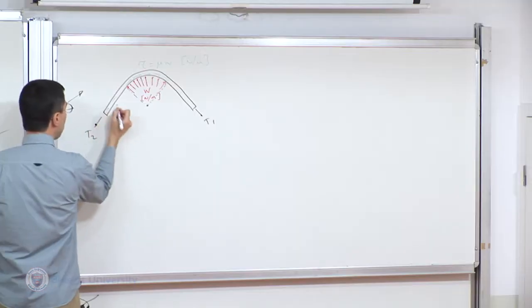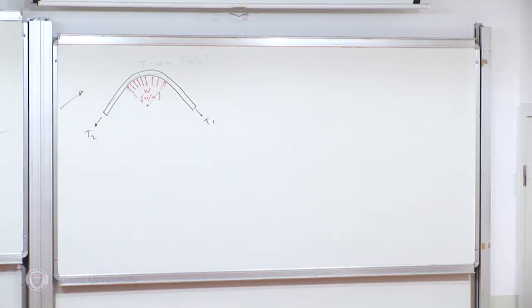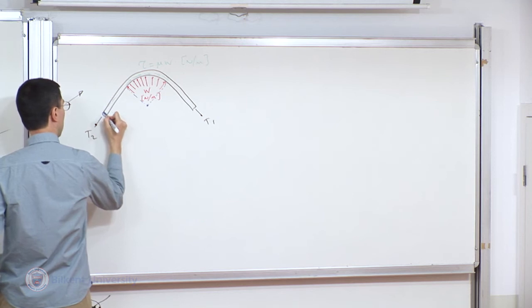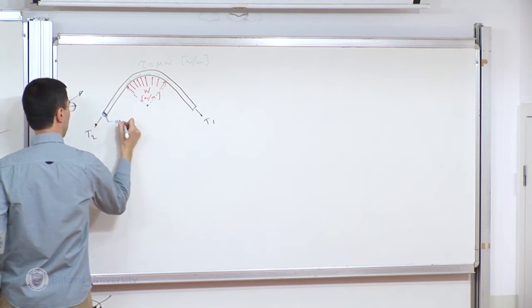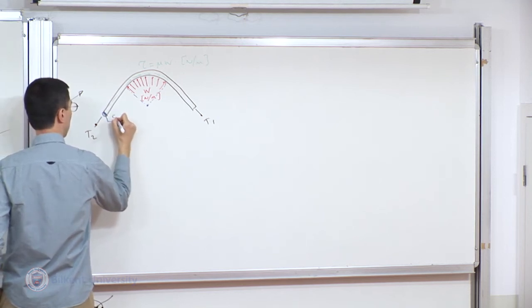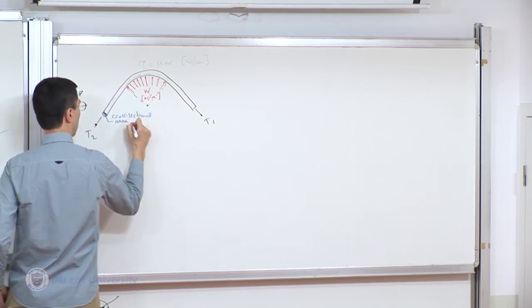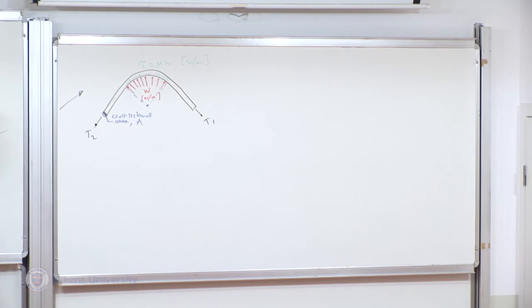Now, the rope itself has a cross-sectional area. Let's call that A. Okay, I'm going to make use of that cross-sectional area.